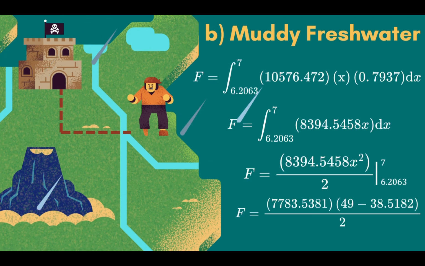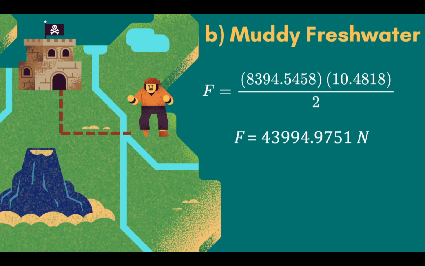Next, we calculate the hydrostatic force acting on the system using the integral from 6.2063 to 7, and we put all the values in: rho times gravity times the width times the height.